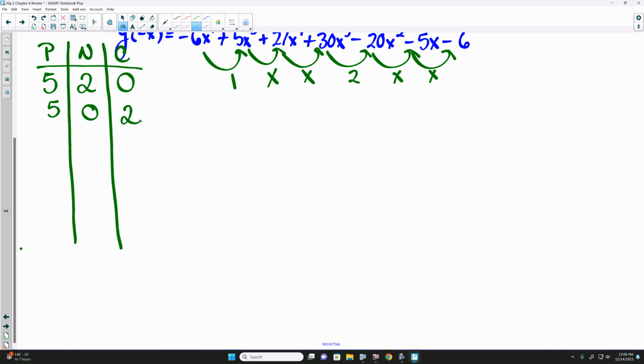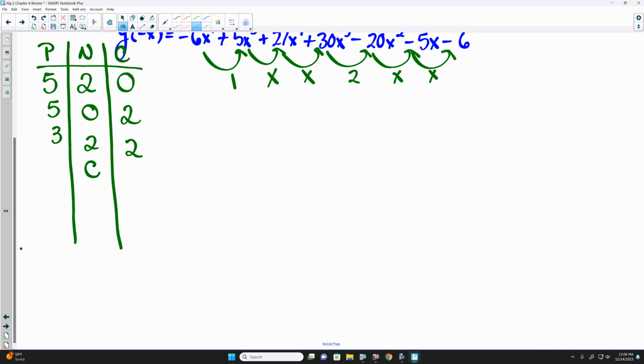Can I take 2 away from the negatives again? Well, no, the only 2 options are 2 and 0, yes? So I reset it back to 2 and take 2 away from the positives. Telling us we can have 3 positives and 2 negatives, which gives us a total of 5 solutions. We need it to be 7. We're missing 2, and they would be complex.